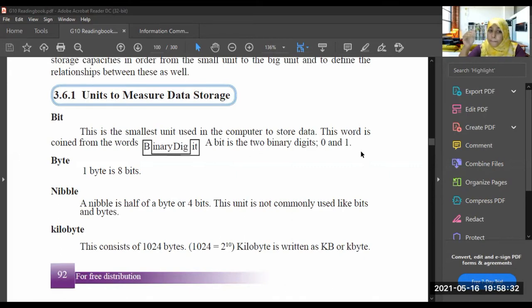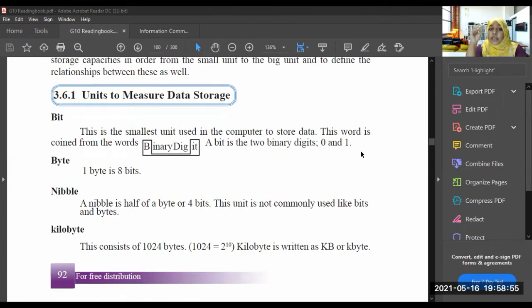After the bit, the byte is a little bit bigger than the bit. 1 byte means 8 bits. 1 byte means how many bits? 8 bits. You should remember that. 1 byte, 8 bits.